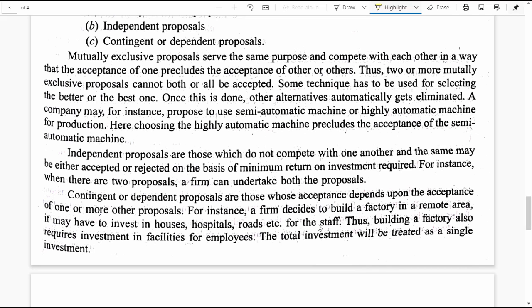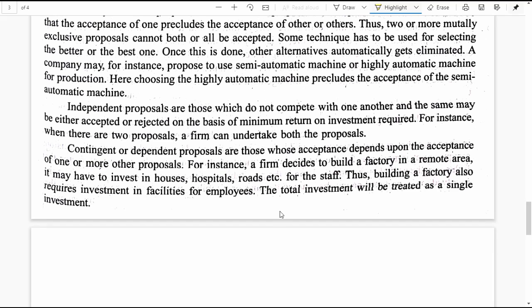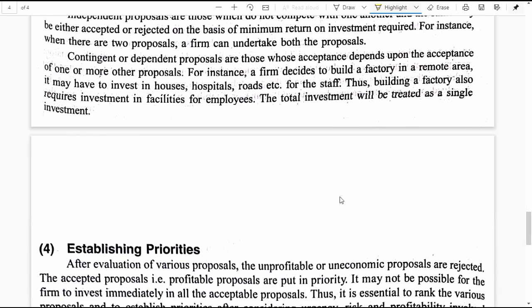Thus, building a factory also requires investments in these facilities for the employees. The total investment will be treated as the single investment. Therefore, investment on the facilities of the employees will also be a matter of concern when a business wants to construct a factory which are connected to the facilities to be offered to the employees as well.